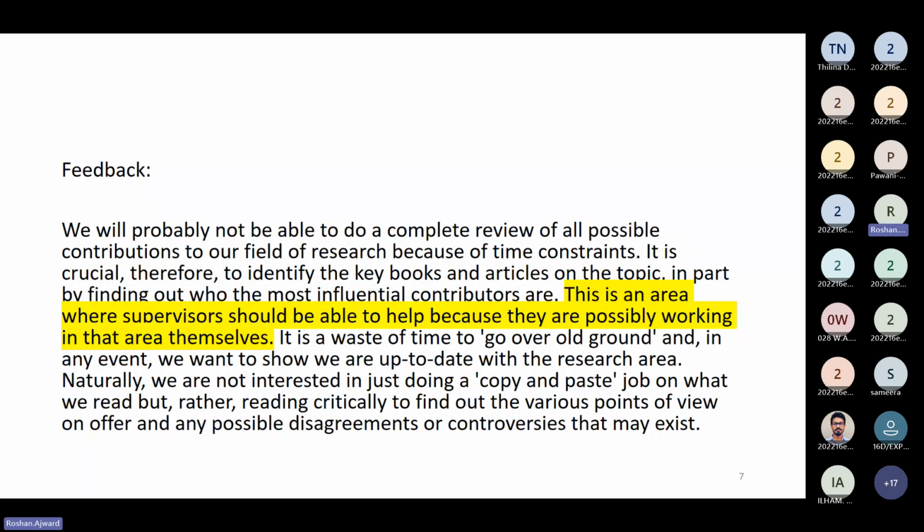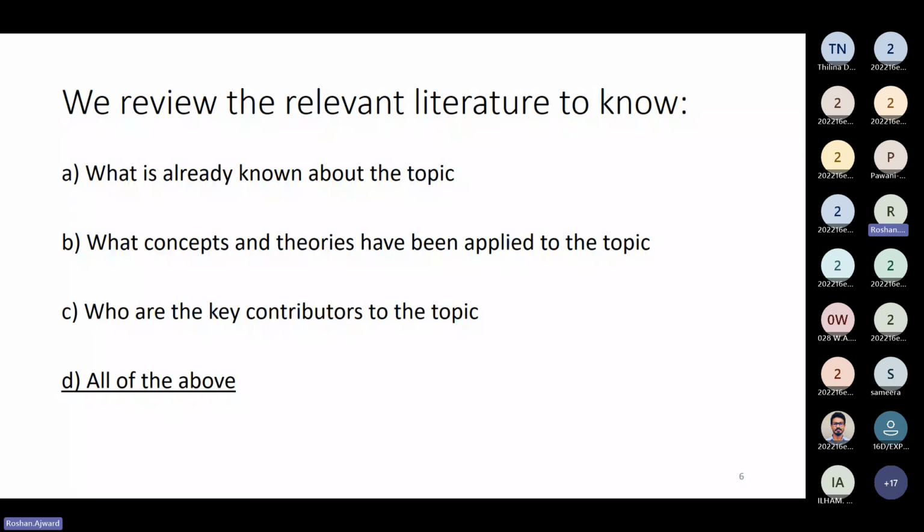Naturally, we are not interested in just doing a copy and paste job on what we read, but rather reading critically to find out the various points of view on offer and any possible disagreement or controversies that may exist. So you can see, therefore, all these could be achieved through a comprehensive literature review. Okay, good.